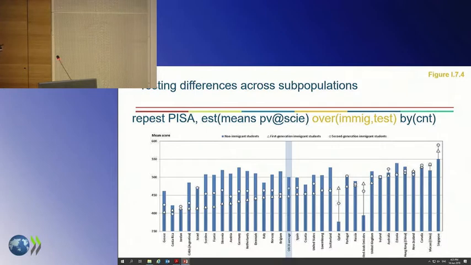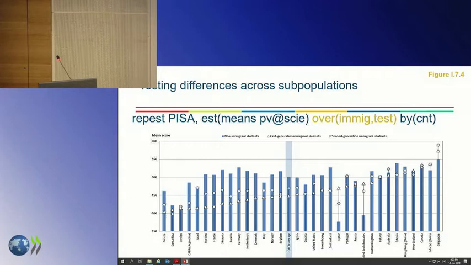Here's another example. Right here, we have a plausible value, the score for science in PISA. You just replace the number of the plausible value by an at symbol, and that's fine. We want results for migrants and non-migrants.